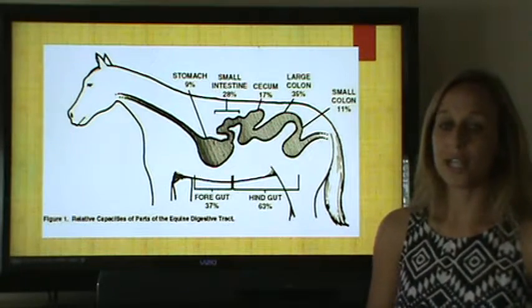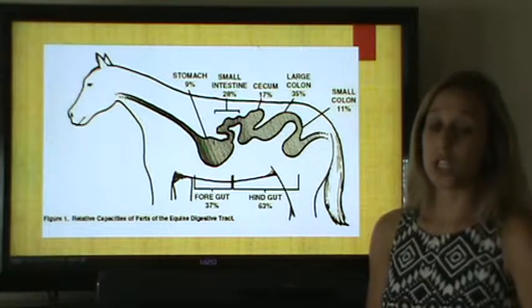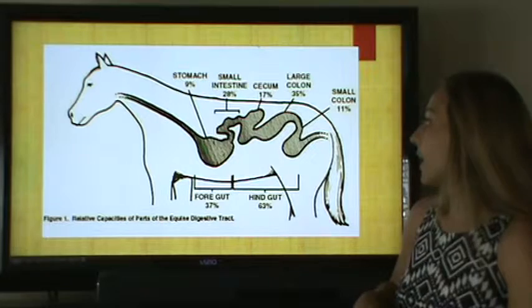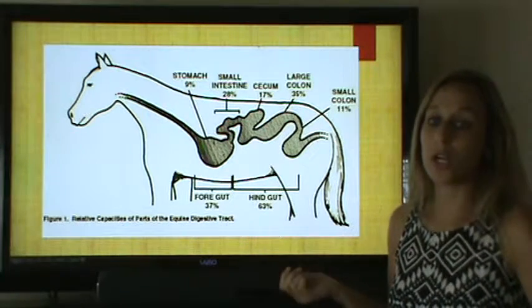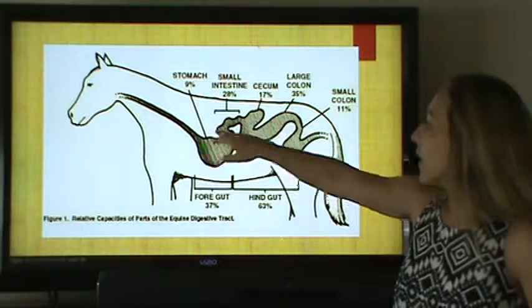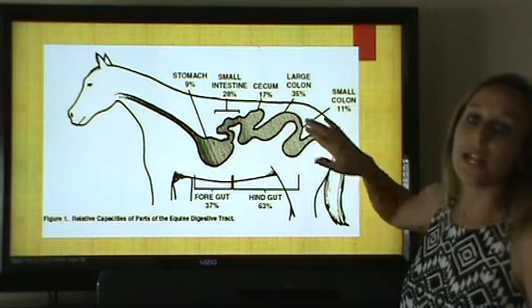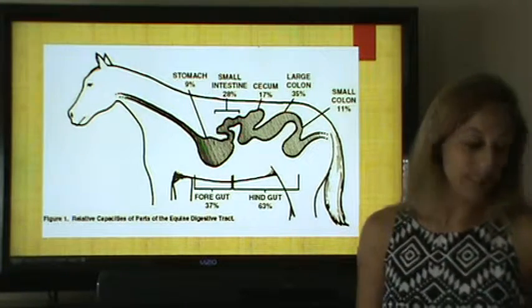The small intestine is where the most prominent digestion and absorption occurs, and it's where the starches and sugars are digested. However, whenever there's too much and it becomes excess, it will go into the hindgut and become rapidly fermented, and this can cause some major issues.